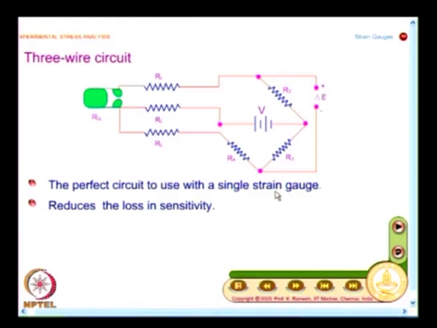When I am using a quarter bridge, this is the best arrangement, and this reduces the loss in sensitivity. And what are the other features? It eliminates initial imbalance problems.